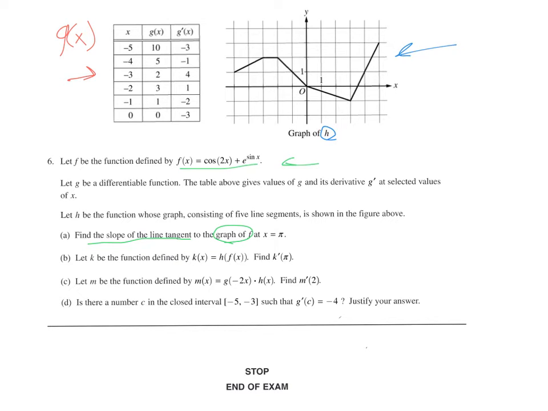So the derivative of the cosine of 2x would be the negative sine, but chain rule says it would be negative 2 times the sine of 2x, right? Because chain rule says we have to take the derivative of what's inside. The derivative of e to some power is e to that same power. Chain rule says we have to take the derivative of that, which would be the cosine of x.